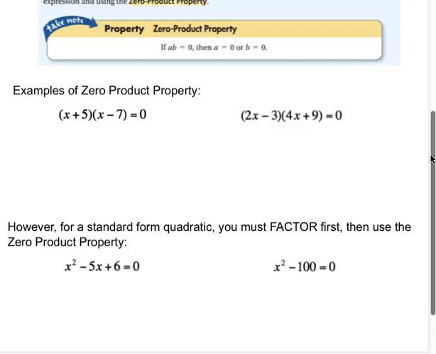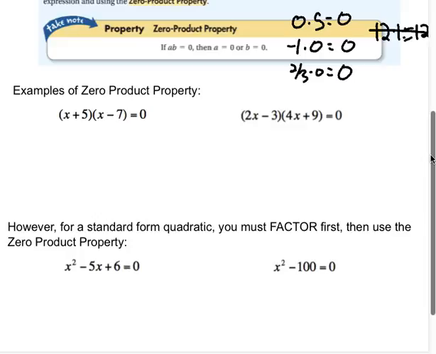Because if I list things that multiply to 0, so 0 times 5, negative 1 times 0, 2/3 times 0, the thing that they all have in common is at least one of those pieces must be 0. If I multiply two non-zero numbers, I'm not going to get 0, right? We're going to use that property right here.